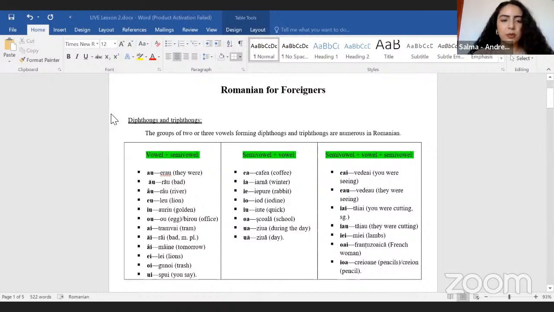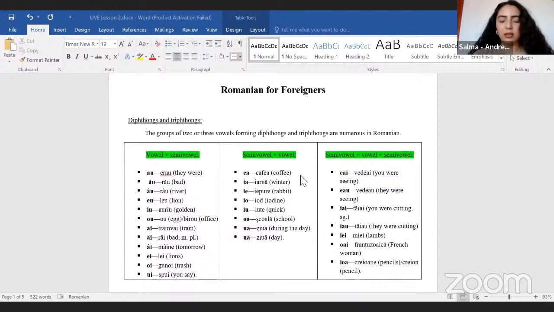All right, so here we have the diphthongs and the triphthongs in Romanian. Don't be scared about these names. Diphthongs, the prefix di actually means two, and tri obviously means three. So the first two columns are diphthongs because we have two sounds, a vowel and a semi-vowel.